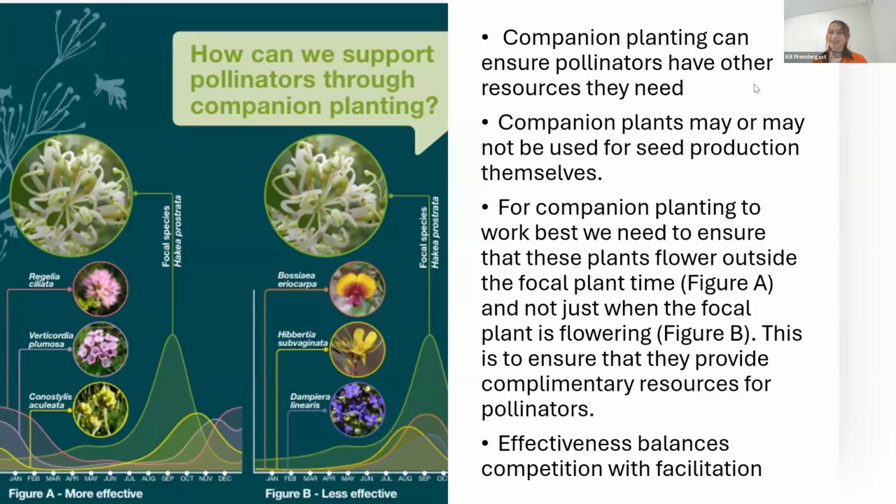They're invasive in some other countries, but in Australia, they're native, and they're often used in restoration because of those particular traits. But they only offer pollen. They've got extrafloral nectaries for ants, with really cool ant mutualisms, but obviously, you can't just have acacia in an area and say, oh, we're going to be able to support pollinators, because the pollinators need nectar as well. So you need to have nectar producing companion plants.